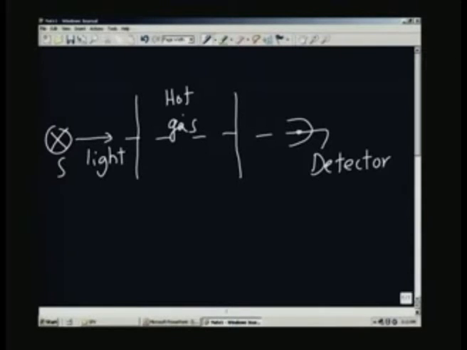Because of the gas which is present, if 1 unit leaves the source, the detector will detect less than 1 unit. The change from 1 to less than 1 is because of absorption. So, absorption reduces the amount of light passing through and falling on the detector.